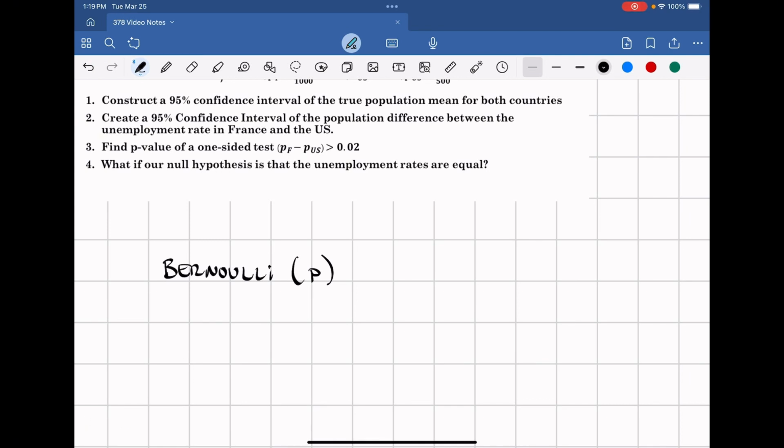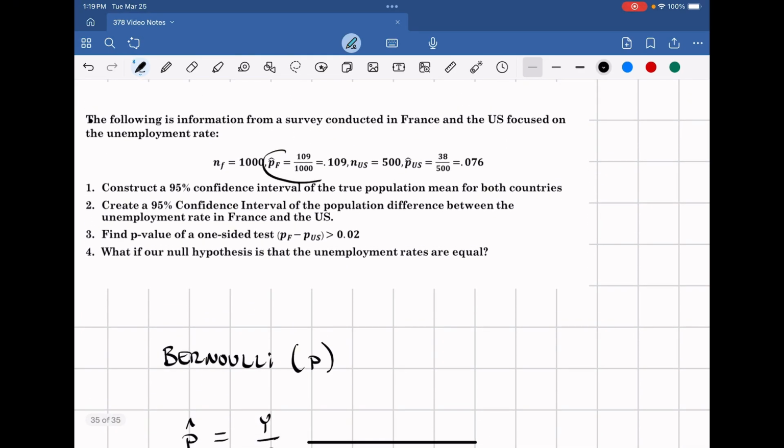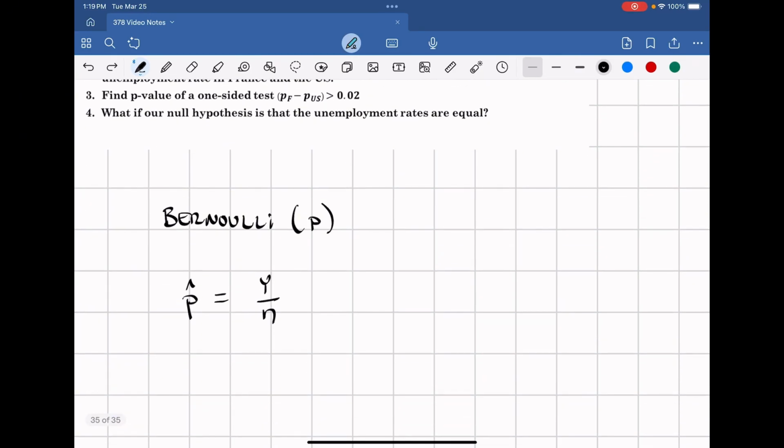So we can come up with a measure of p hat. This is equal to the number of people who say yes divided by the number of individuals in the survey. So right here we get p hat is equal to 0.109 for France.